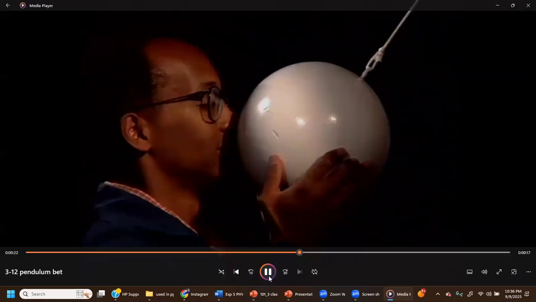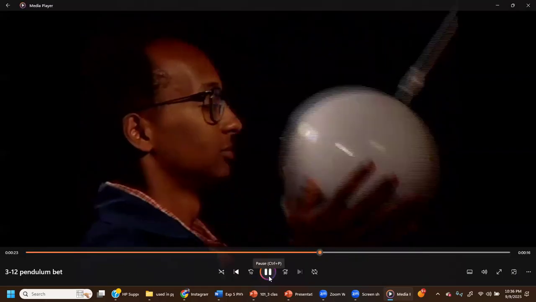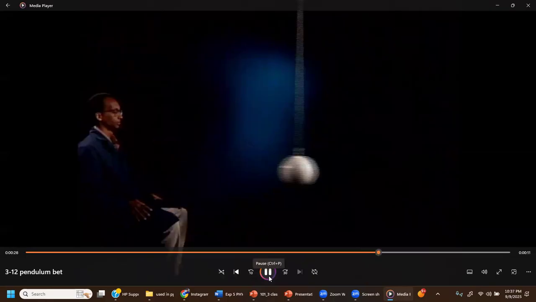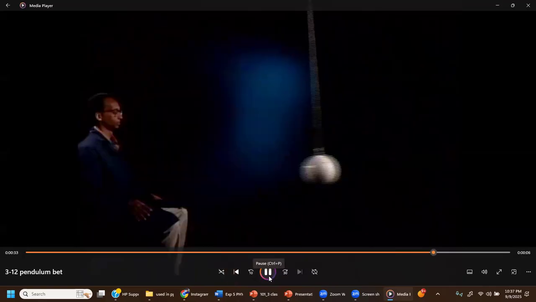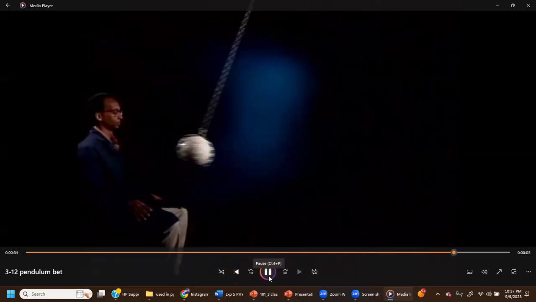Would it hit his face or not? Because it was released from the same point, it only has enough energy to go the same distance to come back to the same spot.